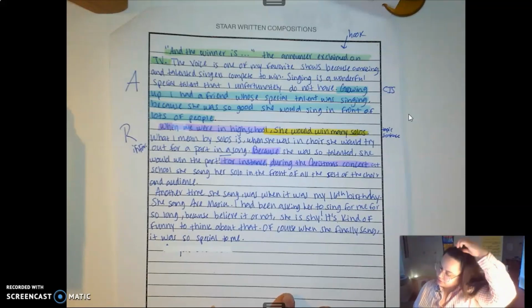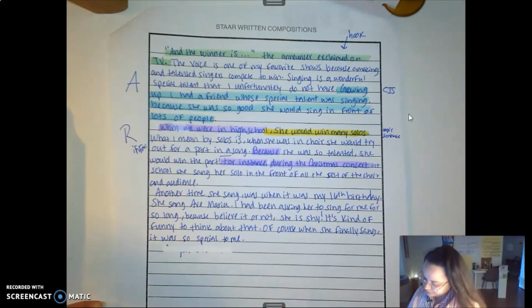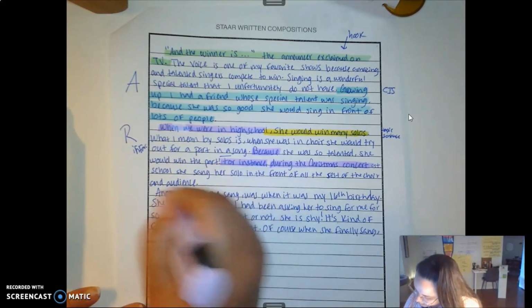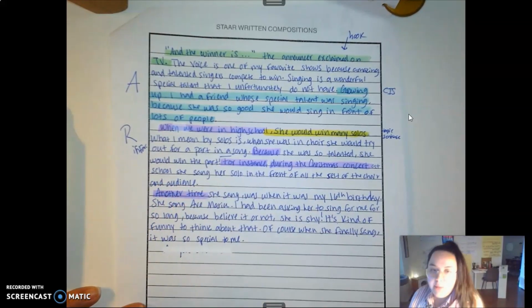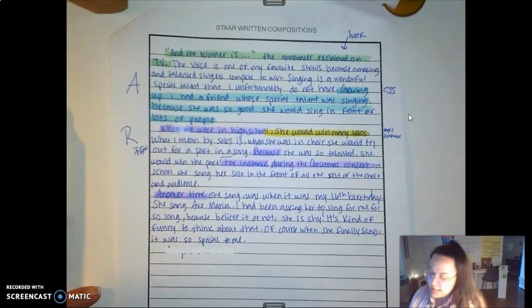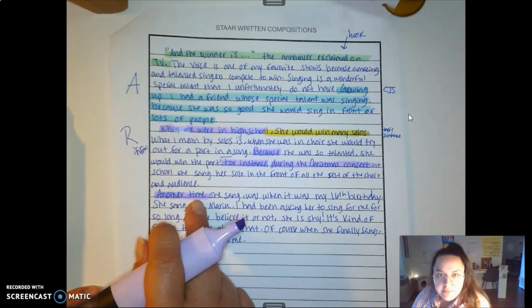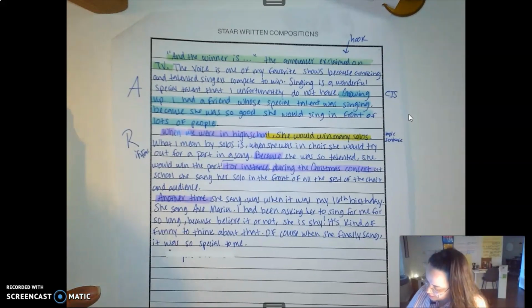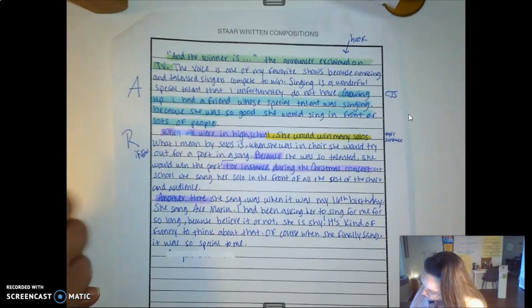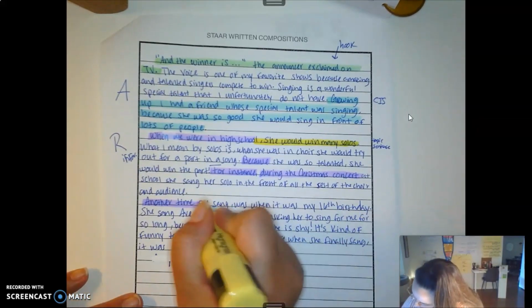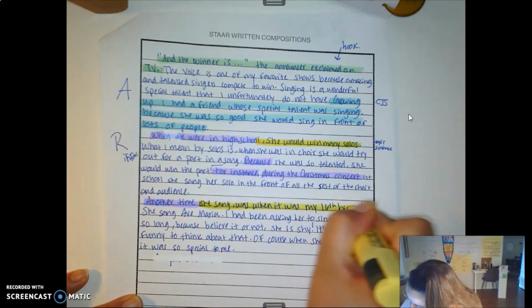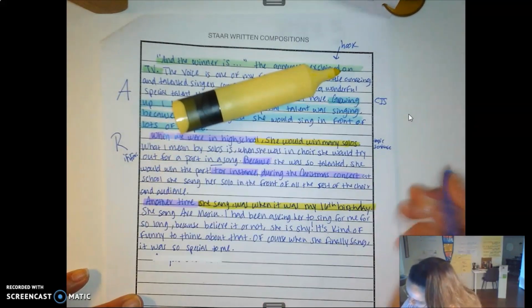So what's the transitional word there or phrase? Another time. Because when did it happen? Another time. This also kind of reminds me of when we say another reason, right? But this time I'm saying another time she sang was when it was my birthday. And that's the whole topic sentence right there. So let me go ahead and label it.